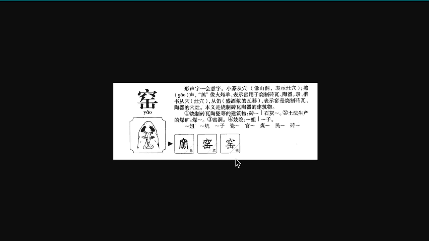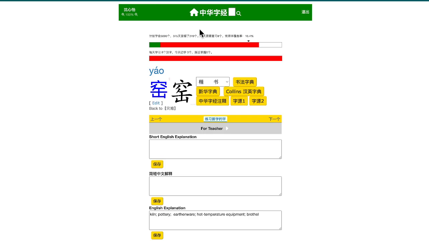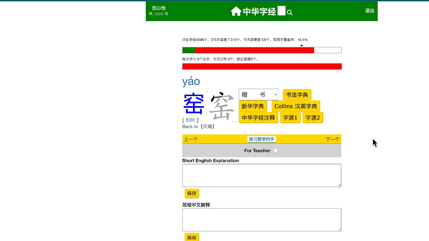Okay, the earthware containers. This radical is also common in many other characters, which basically means containers. Okay, so this is the character yao. Okay, basically kiln for making potteries.